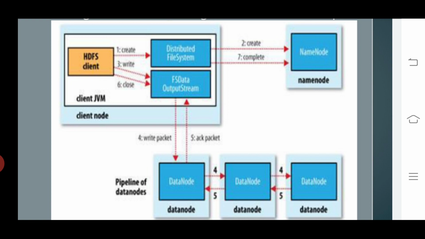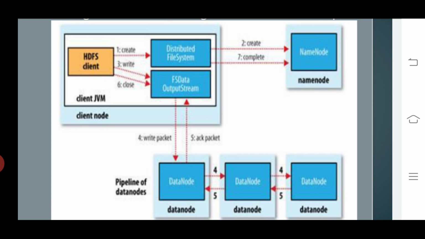That is called the data queue. The data queue is consumed by the data streamer, whose responsibility is to ask the name node to allocate new blocks by picking a list of suitable data nodes to store the replicas. This is the concept of step 3.